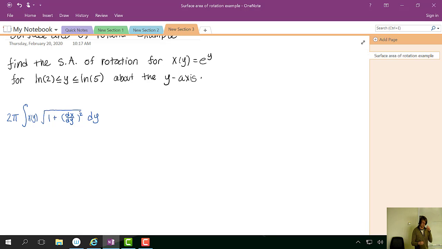Finally, just write down our bounds. What is y going from? Natural log of 2 to natural log of 5.